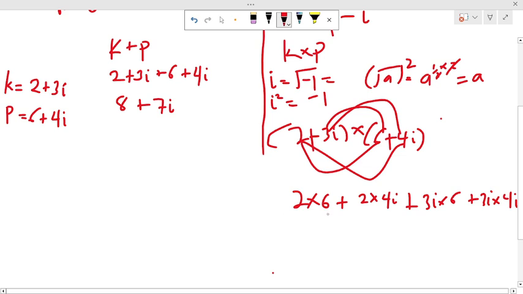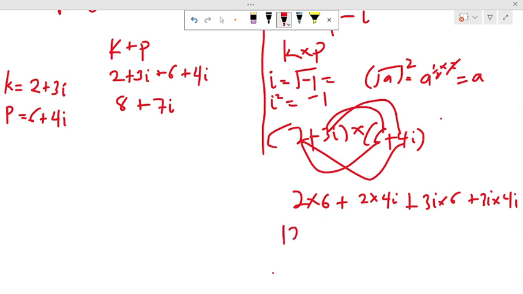So here, we are going to get 12 plus, now this one will multiply just the 4, and so you are going to get 8i, plus, same thing applies to this, 3 times 6, which is 18i, plus, now for this, you are going to multiply 3 by 4 and i by i.